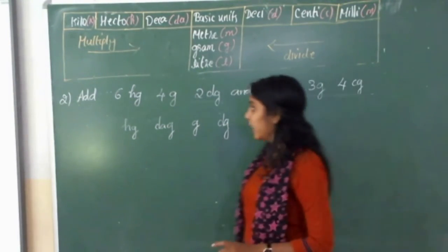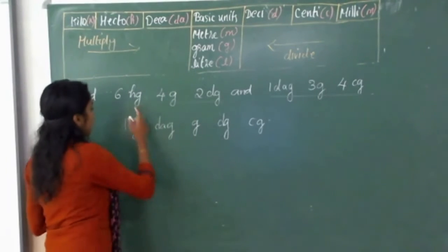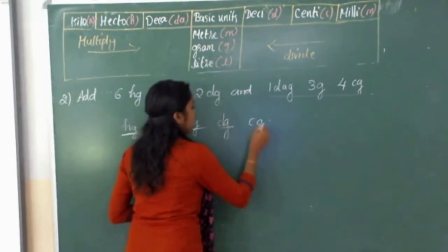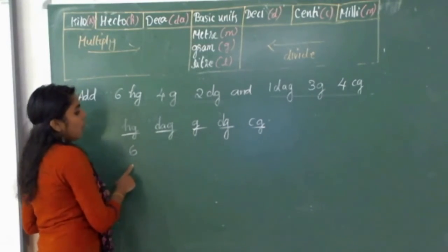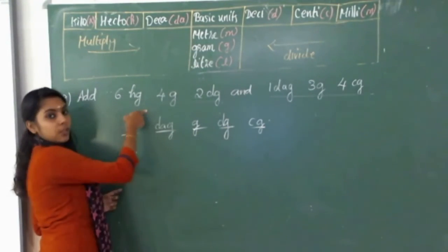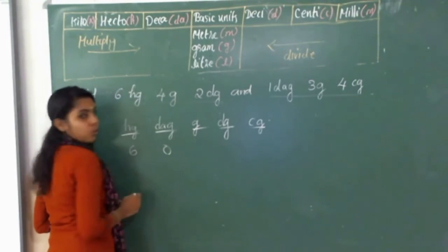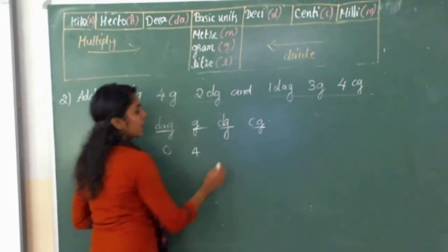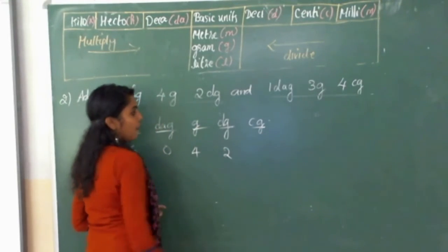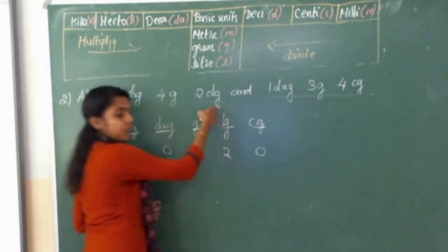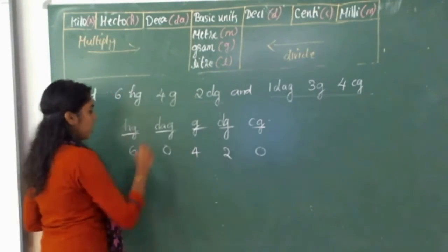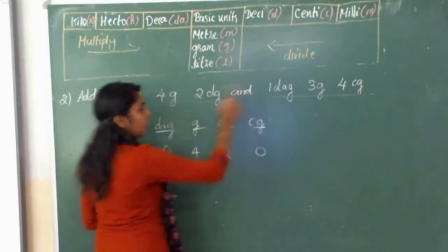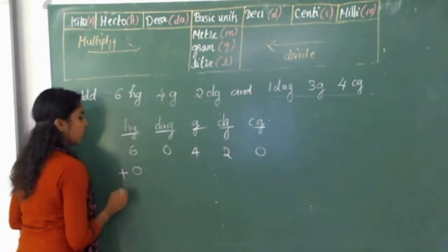Okay. Then, what's the first one? 6 hectogram. Then decagram in the first one? No, so 0. Gram, 4 gram, 2 decigram. Centigram in the first one? No, so 0. Then hectogram in the second one? No, so 0.